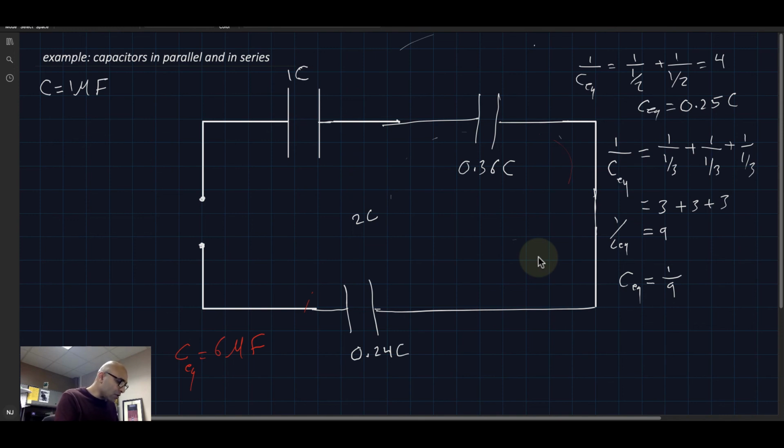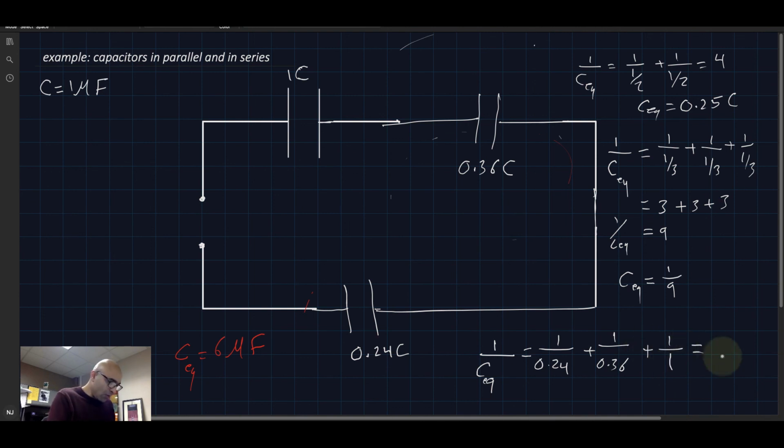So what we can do is just add them in series, which I'm going to do here for all of them. 1/C equivalent is equal to 1/0.24 for the first one here, plus 1/0.36 plus 1/1, and that will be equal to 7.9, but C equivalent will be equal to 1/7.9, and the total equivalent capacitance for all of this is going to be equal to 0.125 C. So this is the answer for this problem.